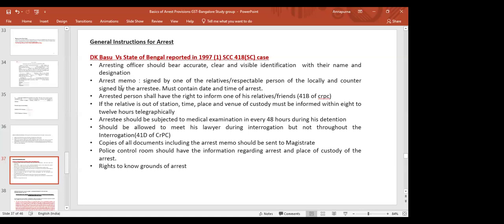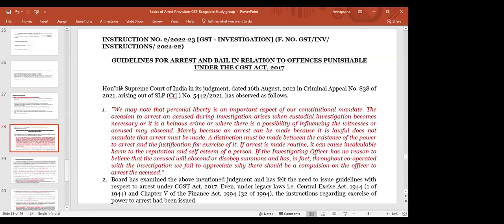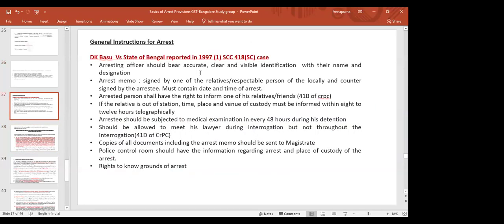I think based on this decision only they brought this instruction in 2022-23, because they are referring to the Honorable Supreme Court's D.K. Basu case or Ramana Reddy case, right? D.K. Basu. So that was a brief. I thought I will read out before I conclude on this topic. They say that from the perspective of the arresting officer, he should have accurate, clear and visible identification with name and designation.